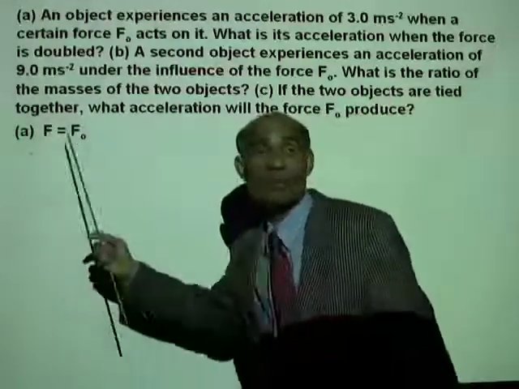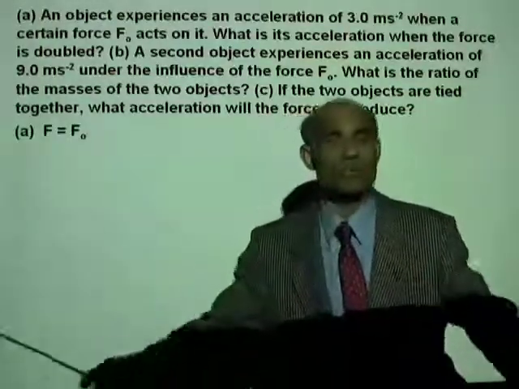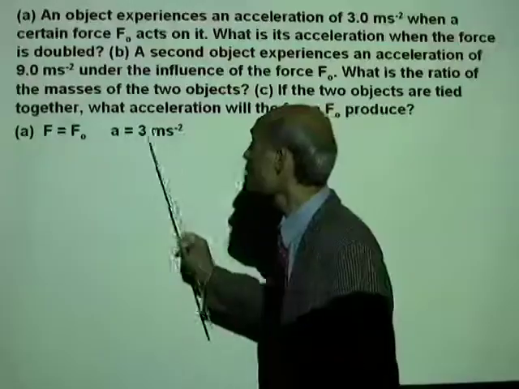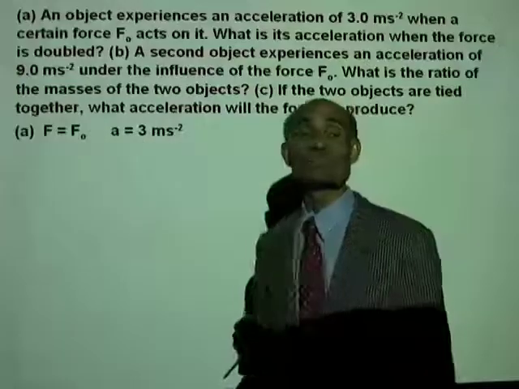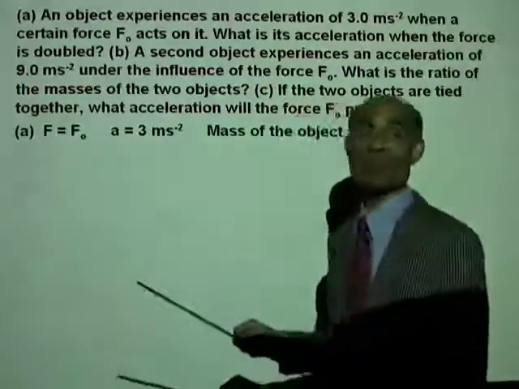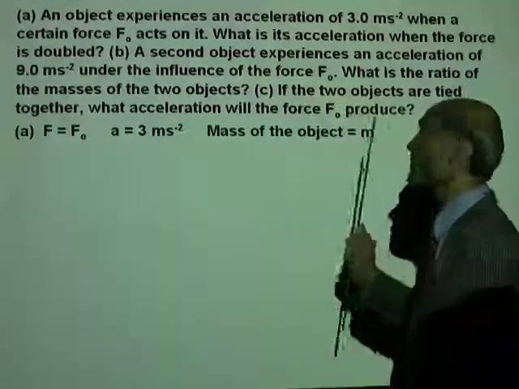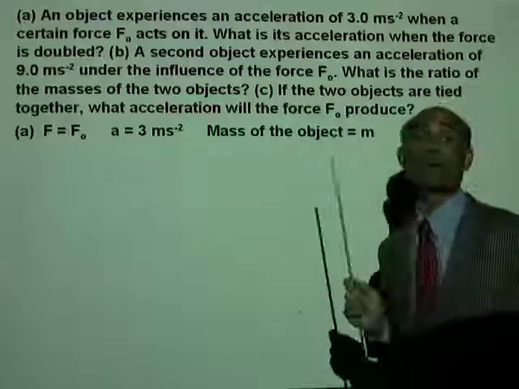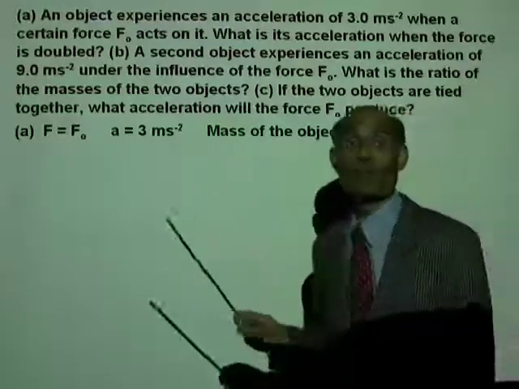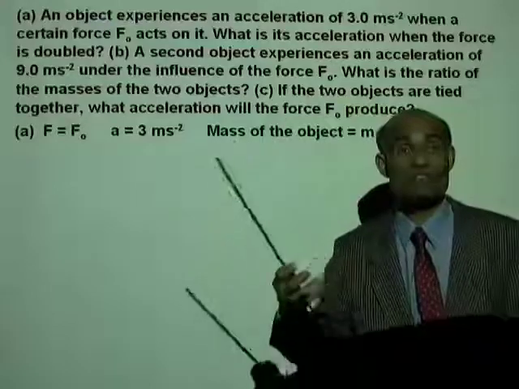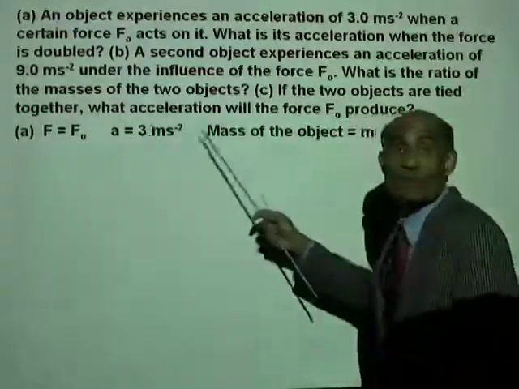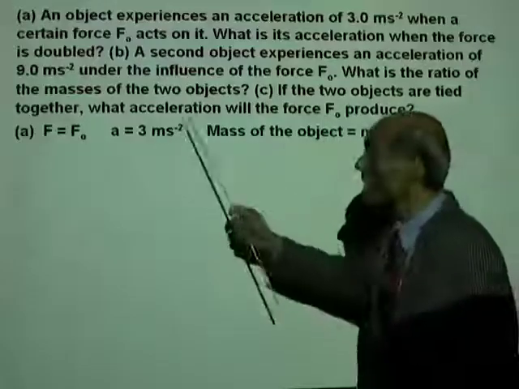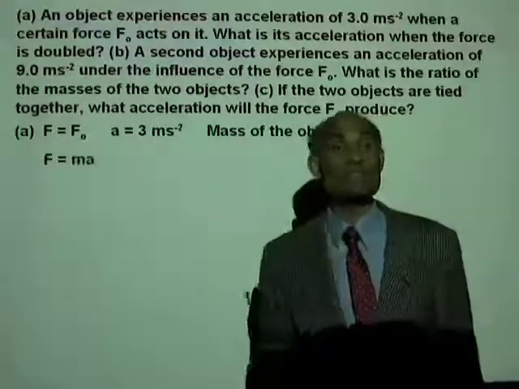The applied force is given to be F0. The acceleration that it causes on a mass is A equal to 3 meters per second squared. Mass of the object we don't know, we call it M. Well, therefore we can now write one equation right away. F0 equal to MA. F0 equal to 3M.